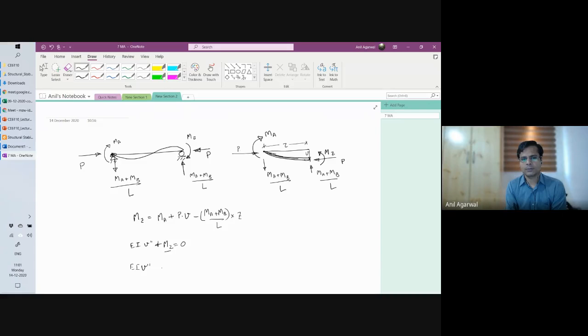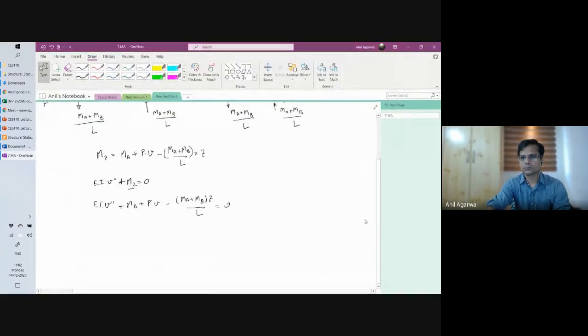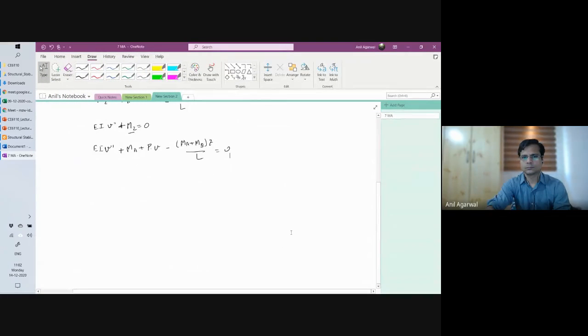EI V double prime plus MA plus PV minus MA plus MB, Z divided by L, is equal to 0. Is that correct? This is the differential equation where I've got terms of V double prime and V. And then this is the constant term. This and this are the constant terms.